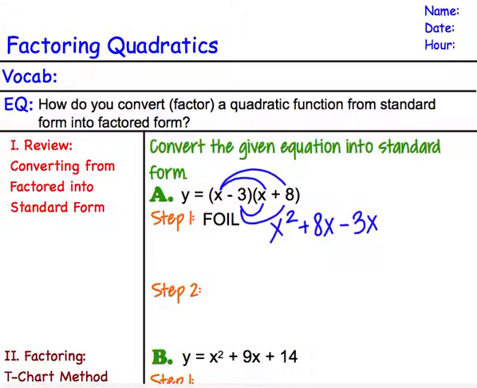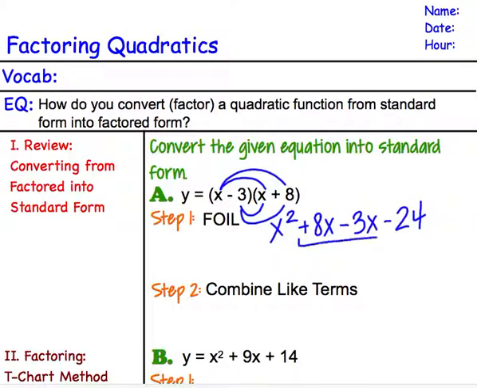And negative 3 times 8, our last term, which is minus 24. And then, if you recall, we combine our like terms. So we see that we have a positive 8x and a negative 3x to get a final answer of x squared plus 5x minus 24.